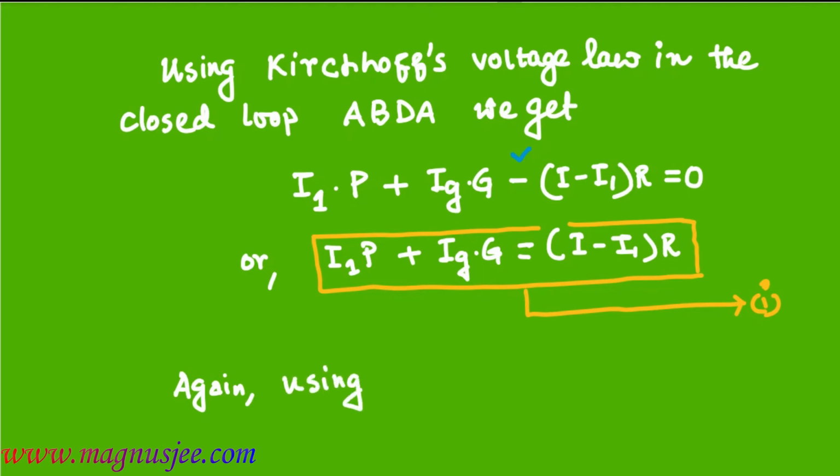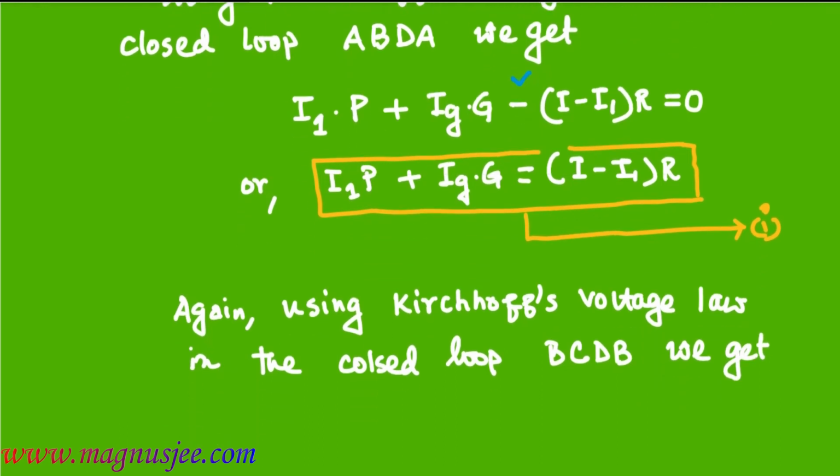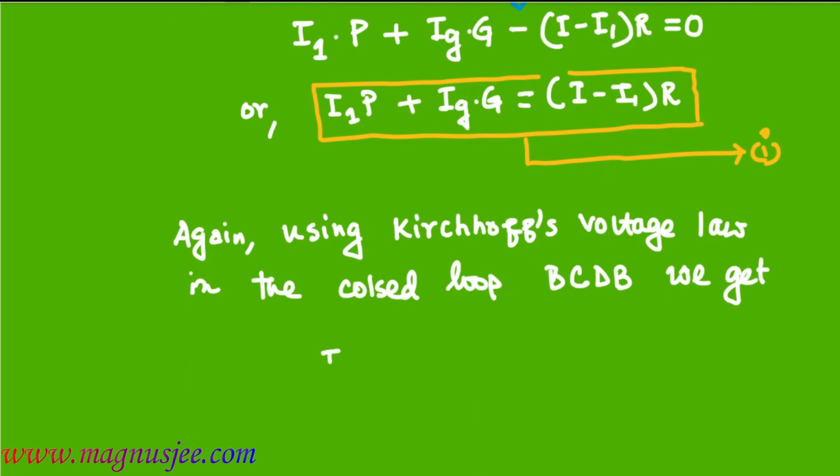Again, using Kirchhoff's voltage law in the closed loop BCDB, we get (I1 minus Ig) into Q. This is the first potential drop or potential difference in this loop BCDB.